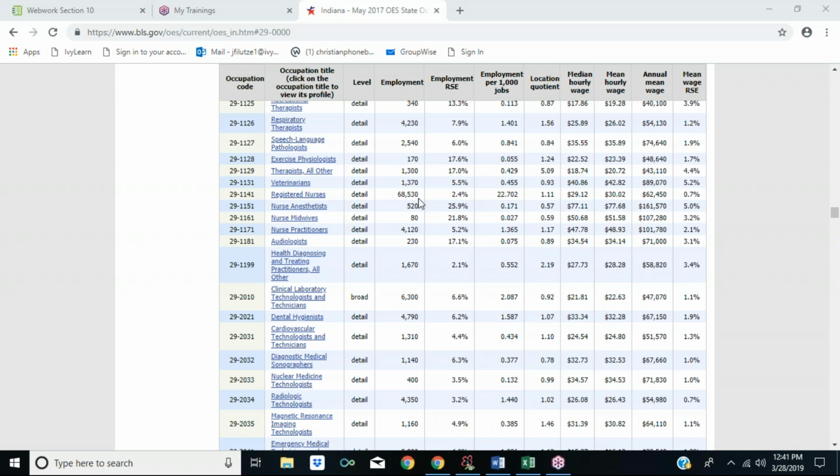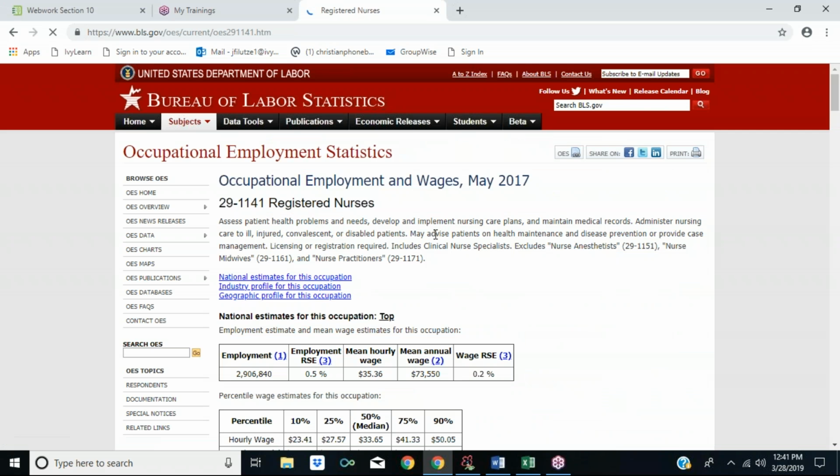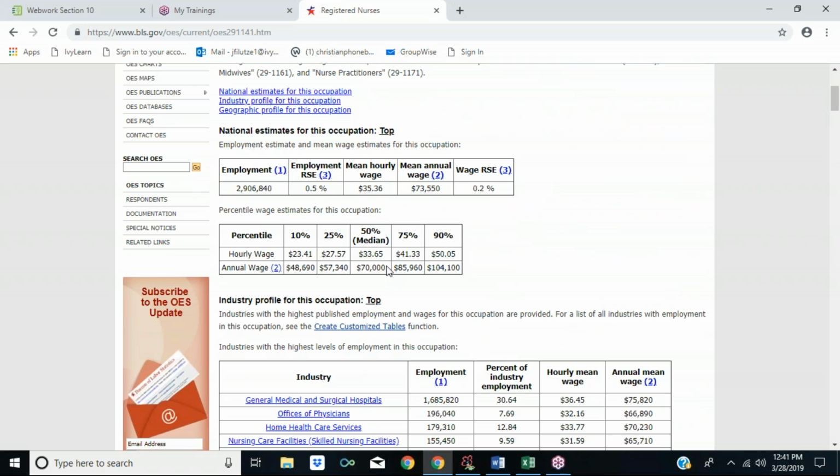So registered nurse, annual mean wage, we don't want that, we want the median, but look at the average, 62. Nurse anesthetist, 161. See the difference? That master's degree. All right, so let's click on RN, registered nurse, and we want the median, remember, the median, $70,000. That's gone up quite substantially over the past couple of years.